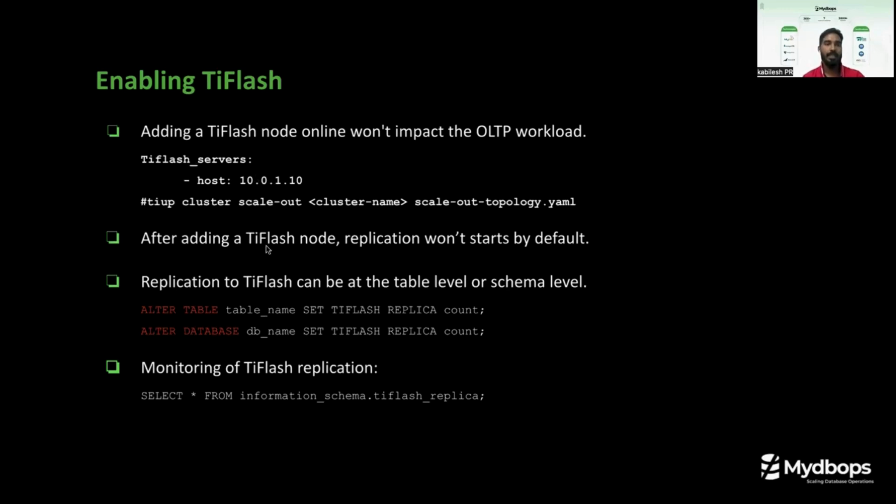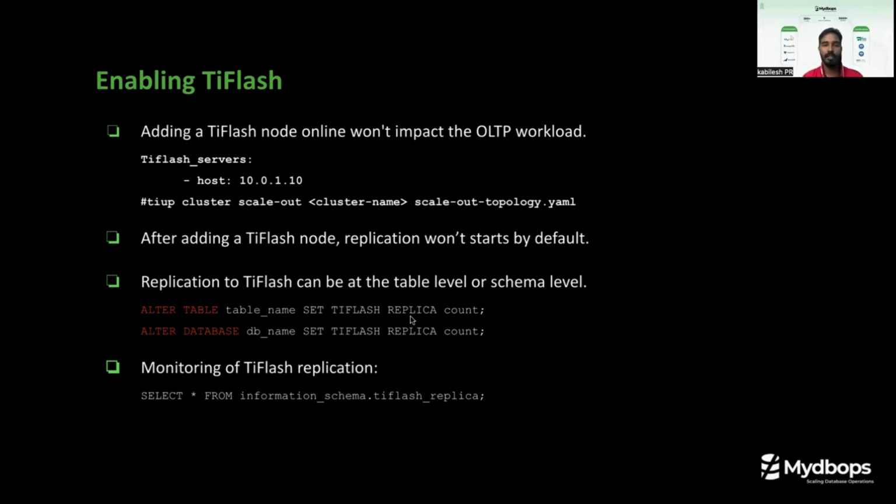After adding TiFlash, the replication won't start by default. That means if you have, say, 20 TB of data, it won't get started immediately. It provides granular control at the table level and also at the database level. You might need only 5 or 6 tables for analytical processing. You can just alter the table and set the TiFlash replica count, which starts from 1.